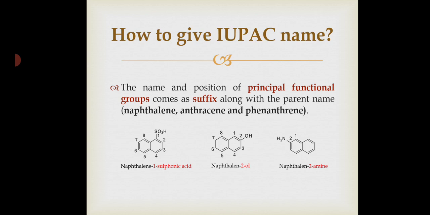What is the name of this compound? Here also we have a naphthalene ring with an NH2 group, that is an amine group, and amine is a principal functional group. It is situated at the second position, so the name of this compound is naphthalene-2-amine.